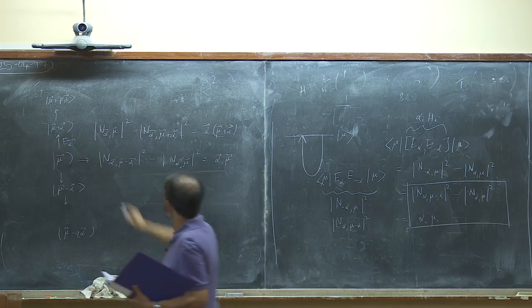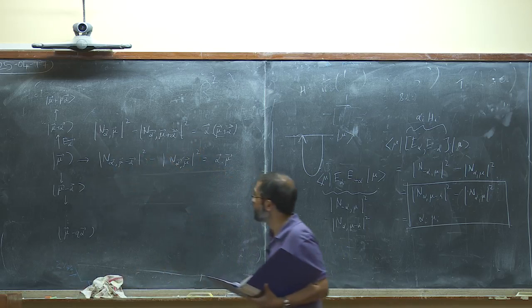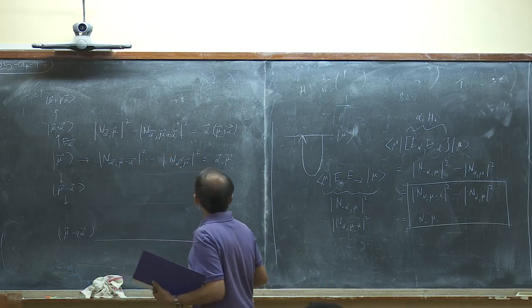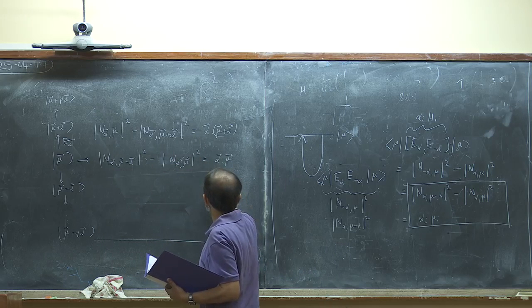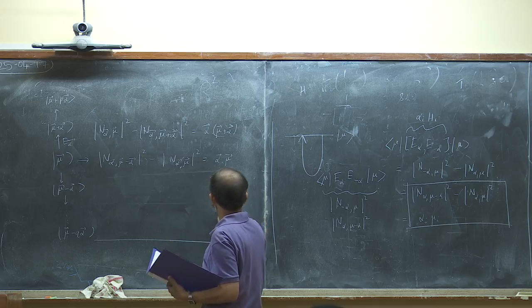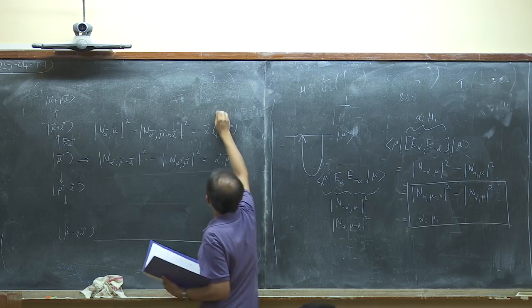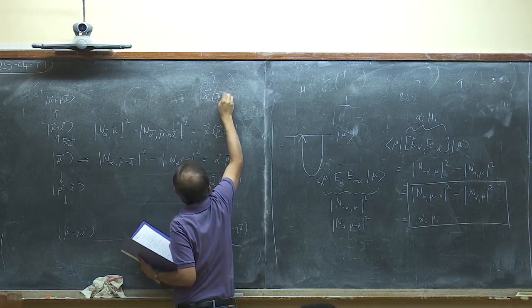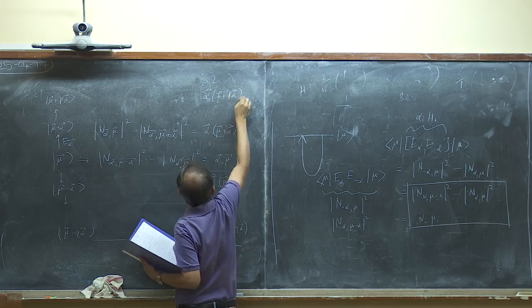And I write this recursion for everything, and I add them up. So what happens on the right side is mu minus alpha, and here it is mu minus q alpha, and up here it is mu plus p alpha.